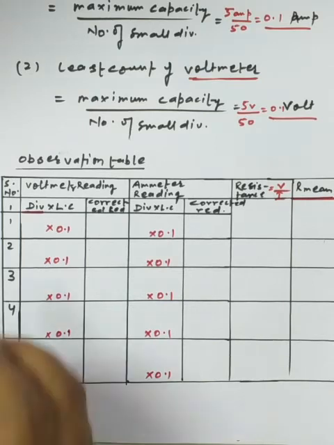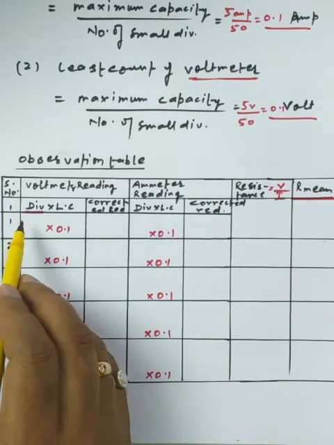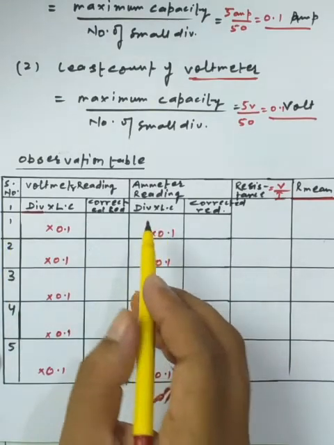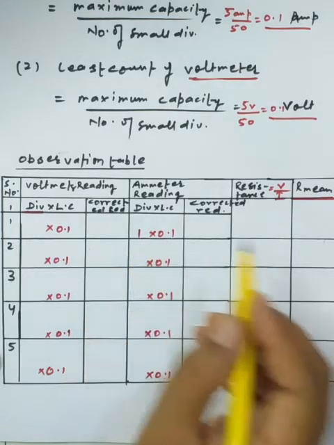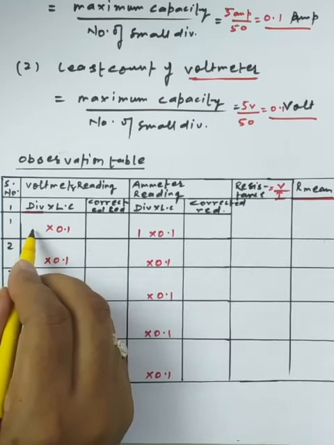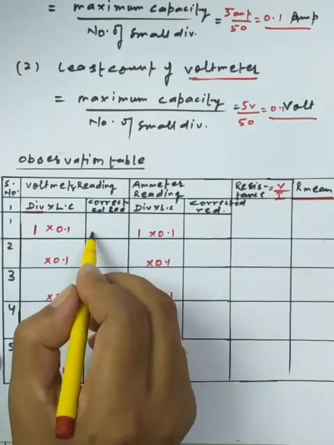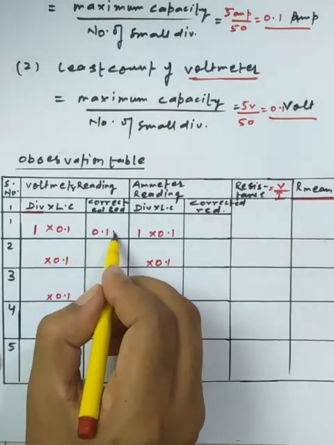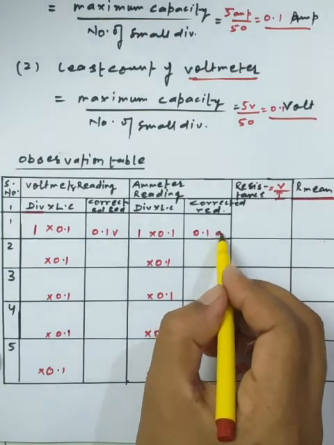Suppose the ammeter needle is at division 1, and the voltmeter needle is also at division 1. So we are getting the correct reading of 0.1 volt here, and here we are getting 0.1 ampere.